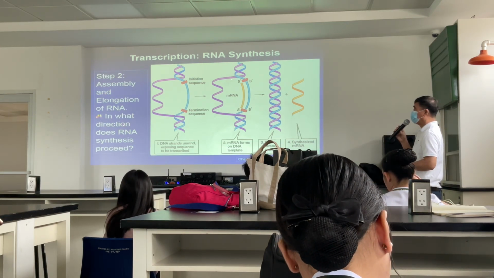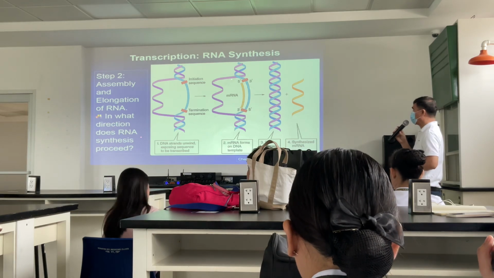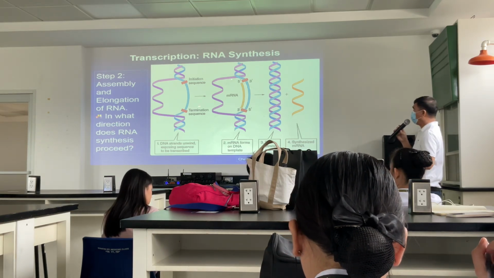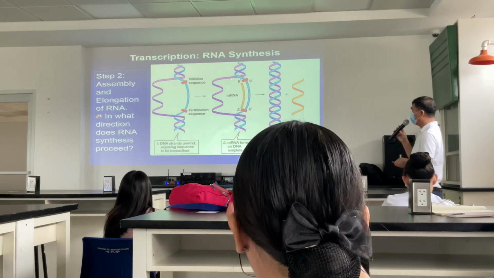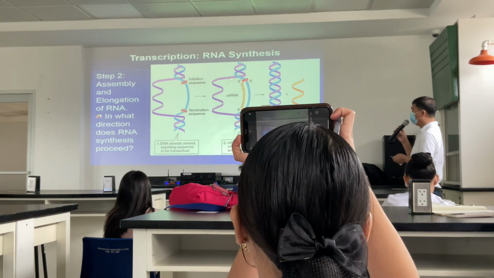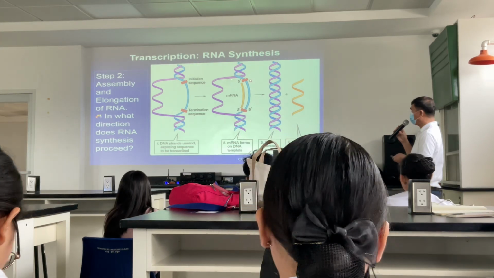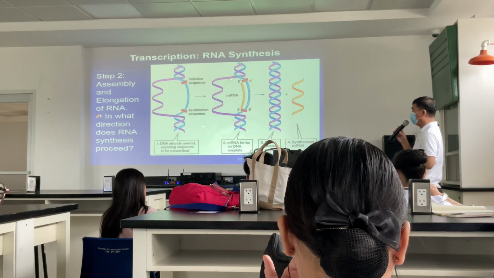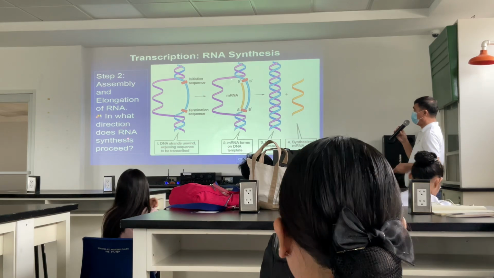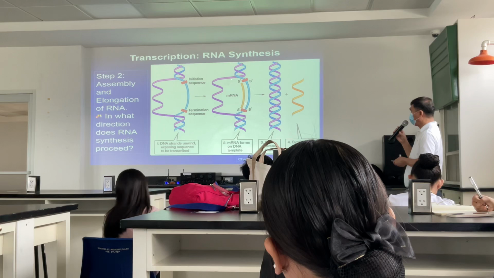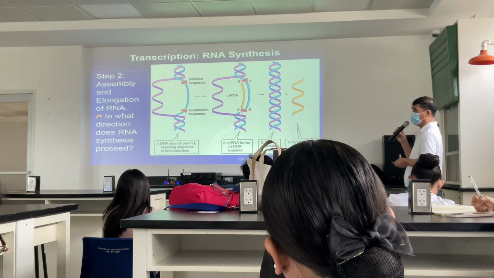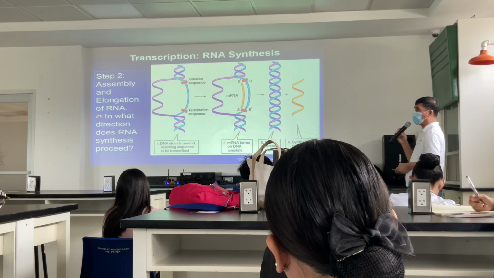In what direction does RNA synthesis proceed? If this is the template strand running from the 3' to the 5' end, and RNA polymerase moves from the 3' to the 5' end, then synthesis of RNA will proceed from the 5' end to the 3' end, opposite in direction.